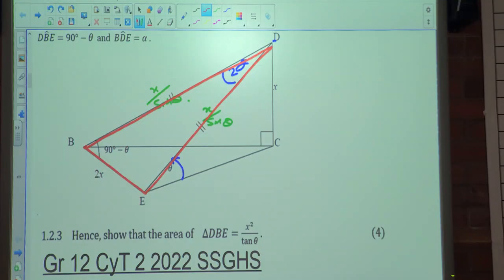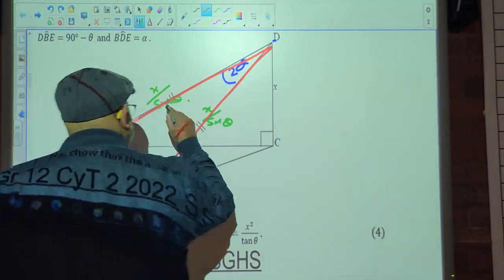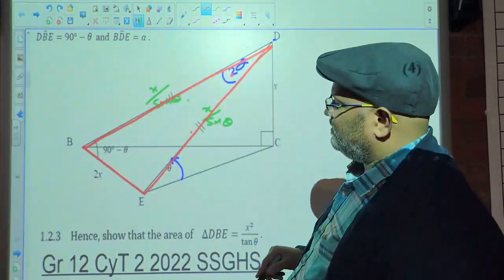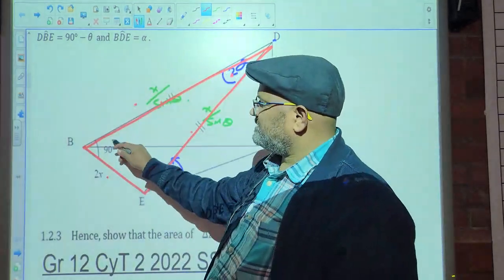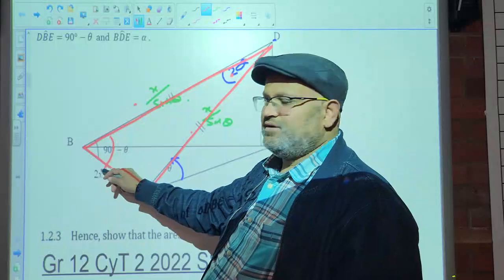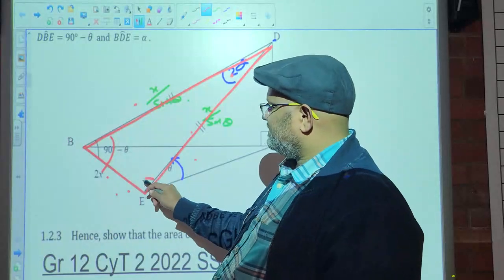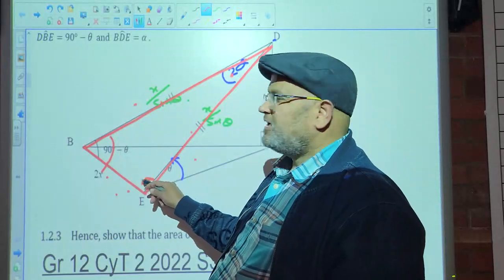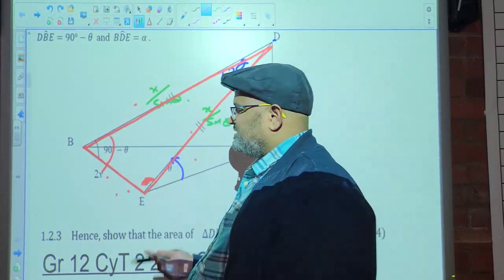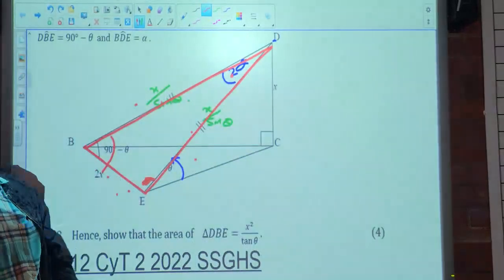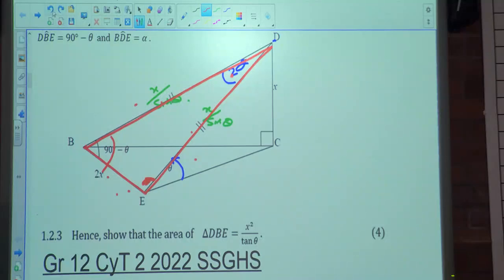We use the sine rule for area: two lengths and the included angle. Or I could have used these two lengths and this included angle, or those two lengths and this included angle. Because I have all the lengths and all the angles here, I can go any way. It will result in the same solution.